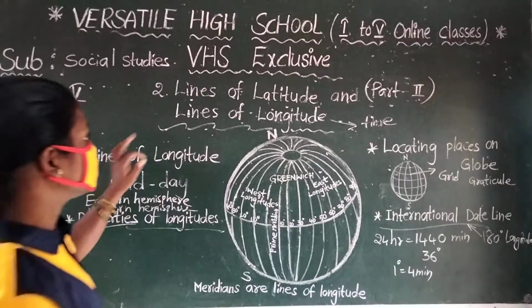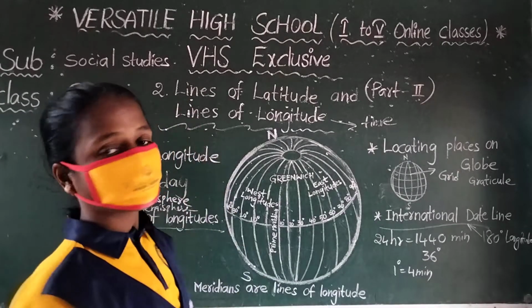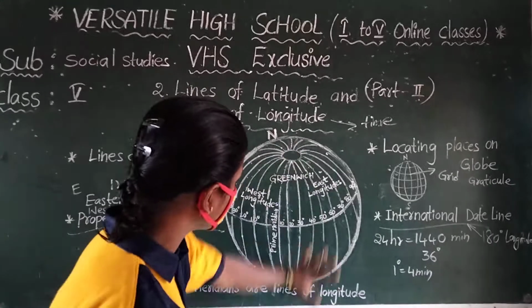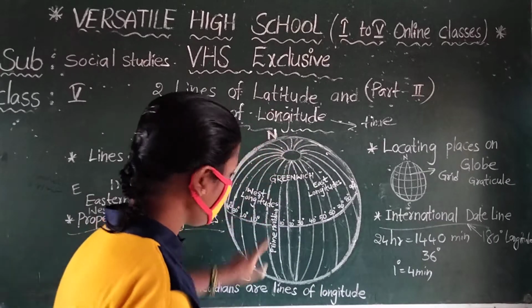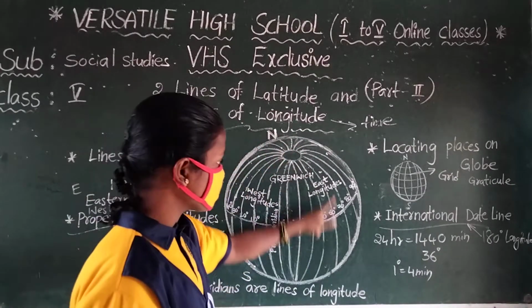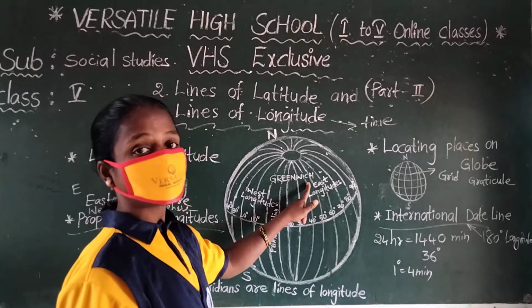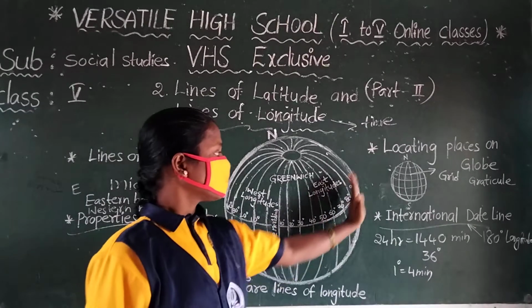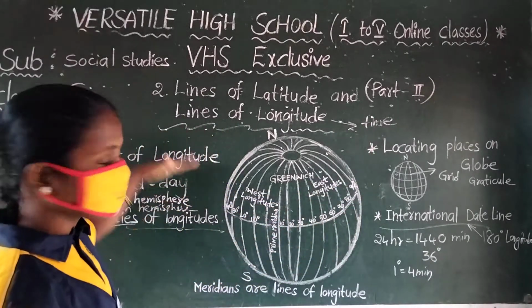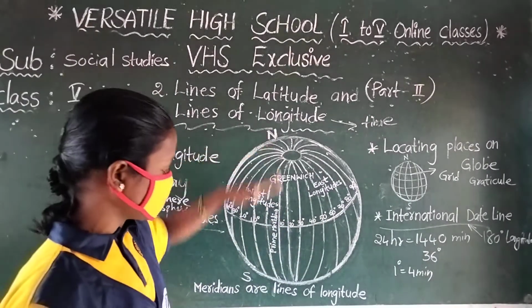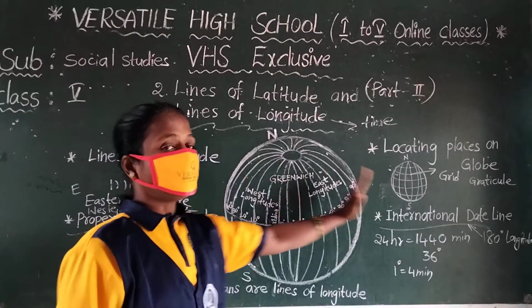Children, do you understand what I am explaining? Lines of longitude. See this picture. Lines of longitude, North Pole, South Pole, and these are longitudes. This is Greenwich in London, and these are the east longitudes and these are the west longitudes. You know north, south, west, east.